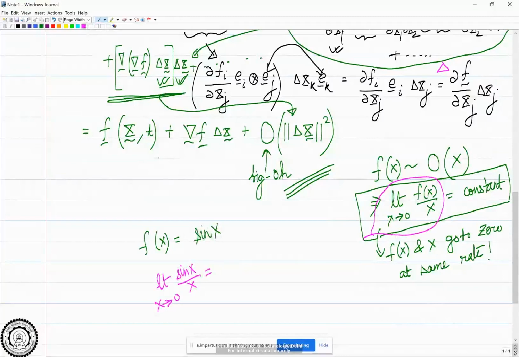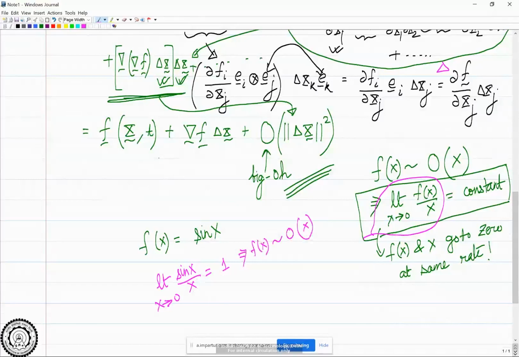And what is this equal to? This is 1, right? All of you know this. So this implies f of x is of the order of x, because when we divide by x, it is becoming a finite number.